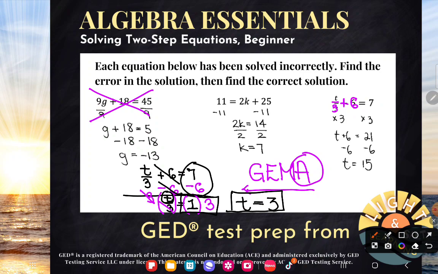So what did this student do wrong here? You know, I'm just going to say they didn't follow my wisdom principle. If they had gotten rid of the terms first, that's the numbers adding or subtracting, they wouldn't have made an error when they multiplied.